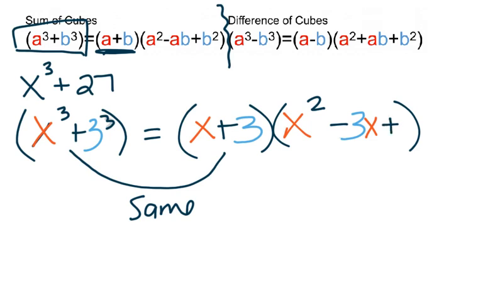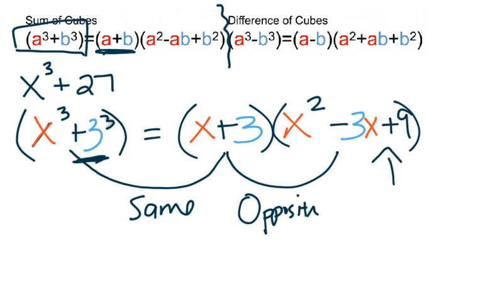And then plus, the very last thing is whatever you were cubing, but now you're going to square it. So I was cubing a 3, I'm going to take a 3 and I'm going to square it. 3 squared is 9. So notice it has the opposite sign. And this last one is always positive.